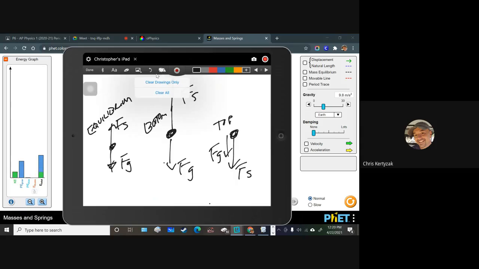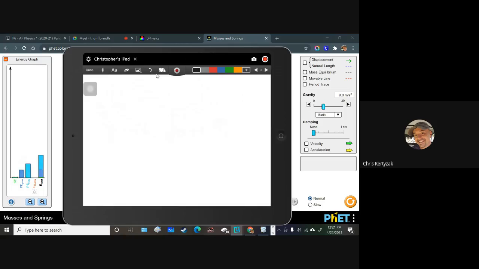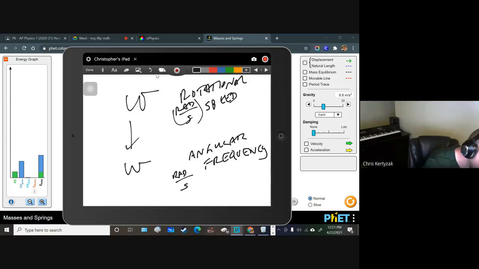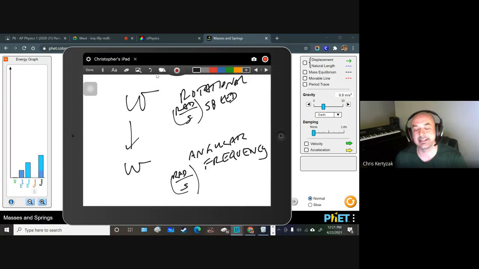Now, remember that omega was a quantity that we previously referred to as rotational speed or rotational velocity, which now we use the same omega, but we call it angular frequency. It's the same symbol, and it gets the same units, radians per second in both cases. Now, you might wonder what does this have to do with angles?